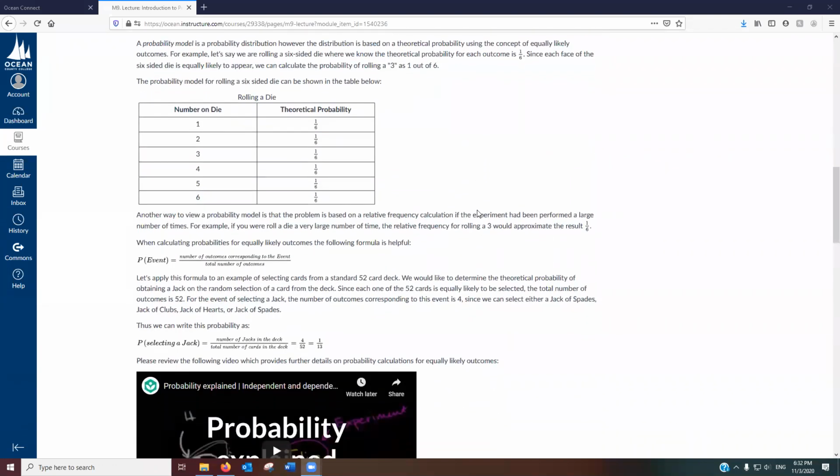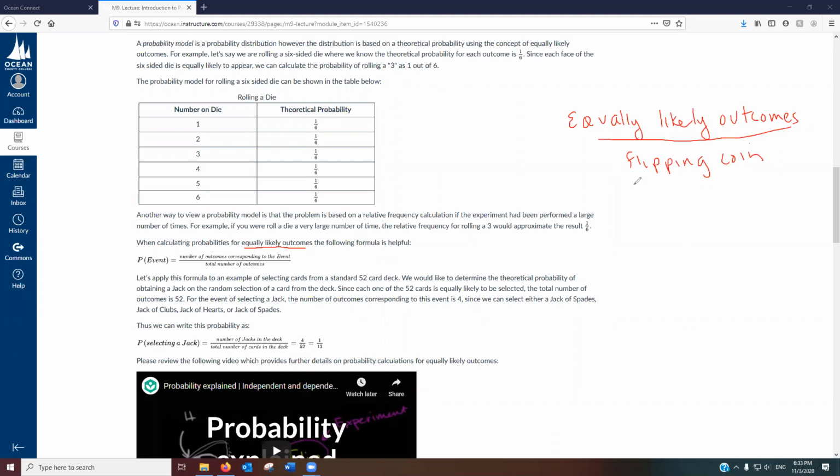Okay, well, you might remember that the way you calculate these probabilities, there's really 2 ways to think about this. If you have a scenario where the outcomes are equally likely, you remember, these are scenarios like, for example, flipping a coin, right? Because getting heads or tails is equally likely.